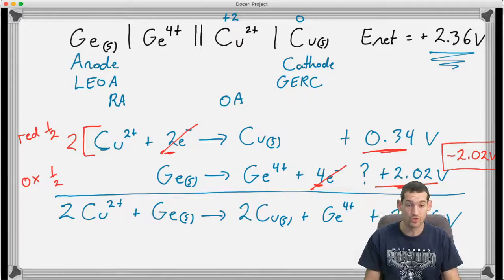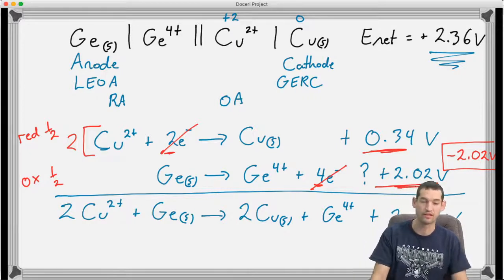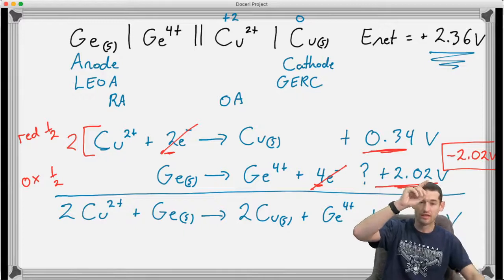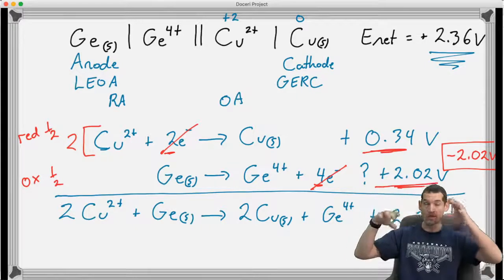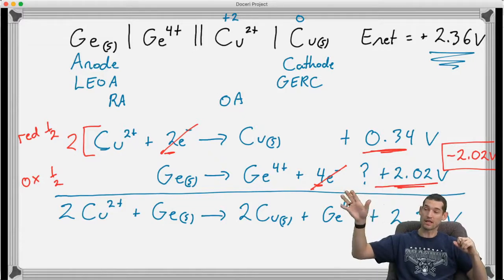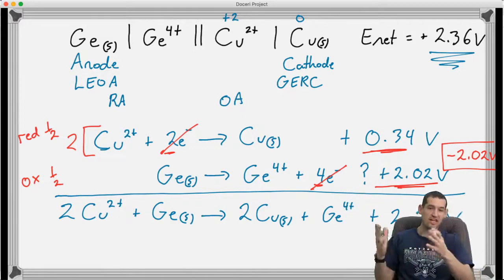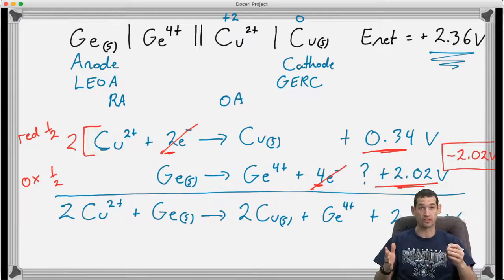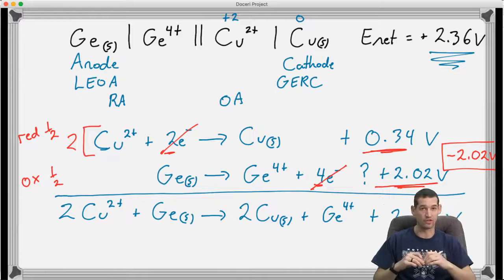On these ones, remember to keep straight cell notation, anode on the left, cathode on the right. That helps you figure out your OAs and your RAs. Some will be very simple, like these ones, where you can just tell whether they're losing or gaining by looking at them. If they're more complicated, use your oxidation numbers. Assign them and you can track your electrons that way.